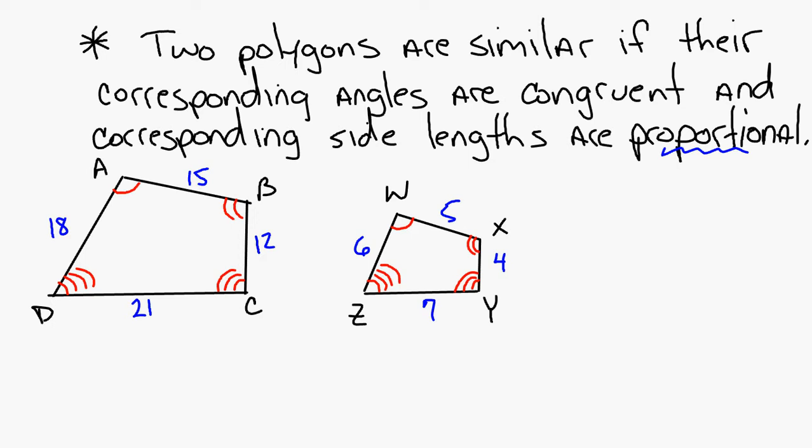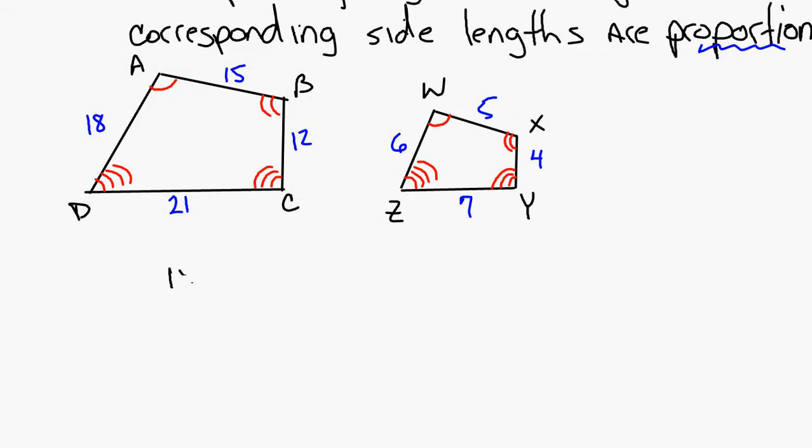If you start with the top side, the ratio of the top side of the big shape to the top side of the small shape is 15 to 5. Agreed? This length is 15, this length is 5. We write it as a ratio, 15 to 5.